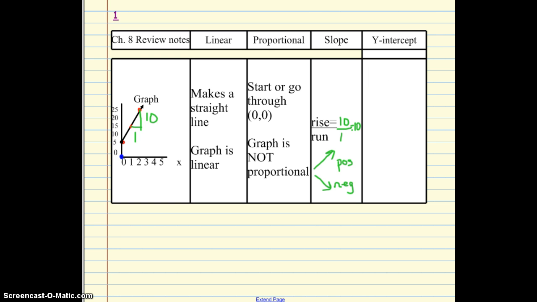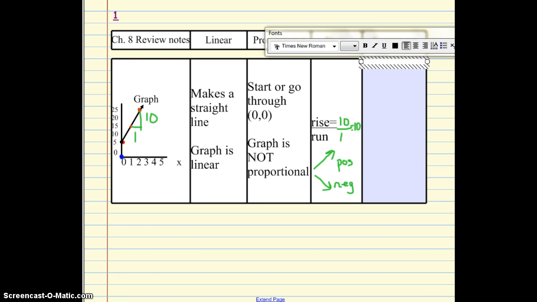All right, moving on, our y-intercept. How do we find the y-intercept when we're looking at a graph? Well, we find the y-intercept just like it says, where the graph crosses or intercepts the y-axis. So as we take a look at our graph here, it is coming down towards our y-axis. Our y-axis goes up and down.